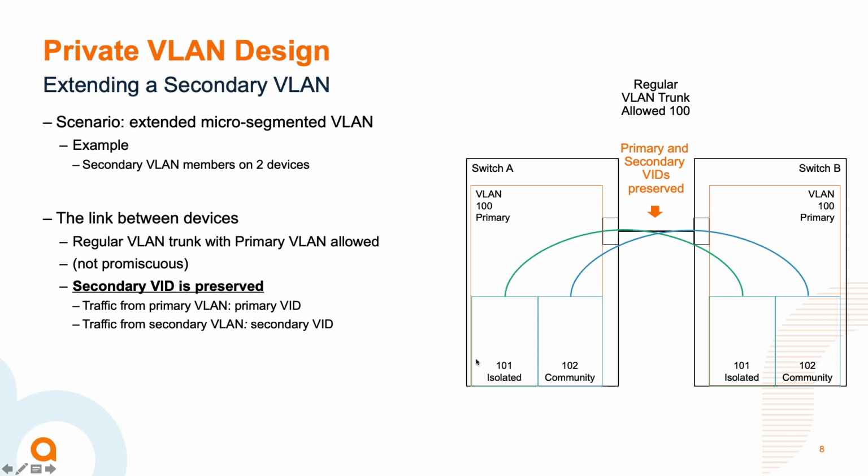In that case, you have to configure all the secondary VLANs on the other switch. So they both need to exist on both switches for this to work. But the VLAN ID from the primary and the secondary will be preserved and will be transported across the link. So now VLAN 101 will be extended across, and VLAN 102 will be extended across that link between those two switches.